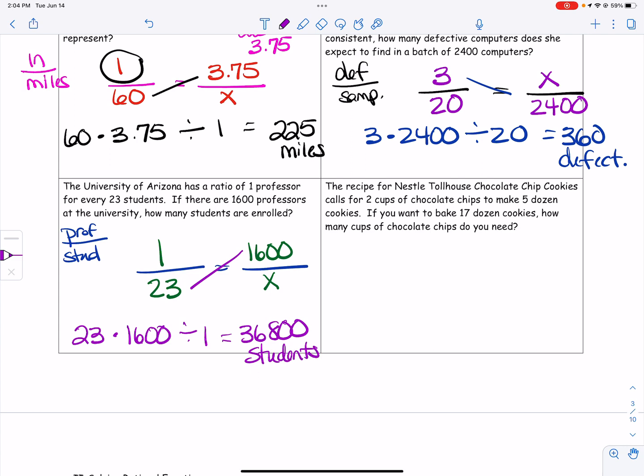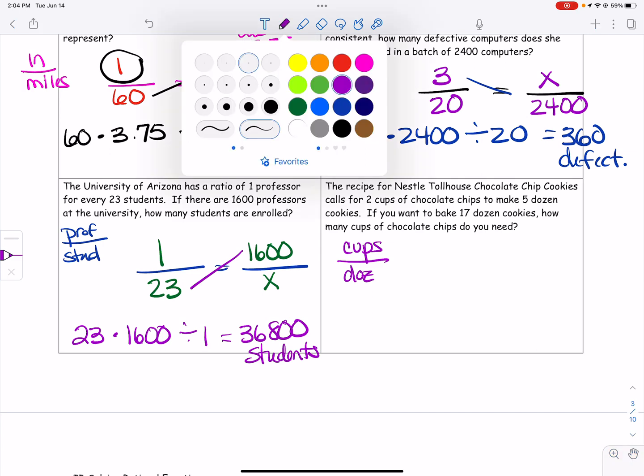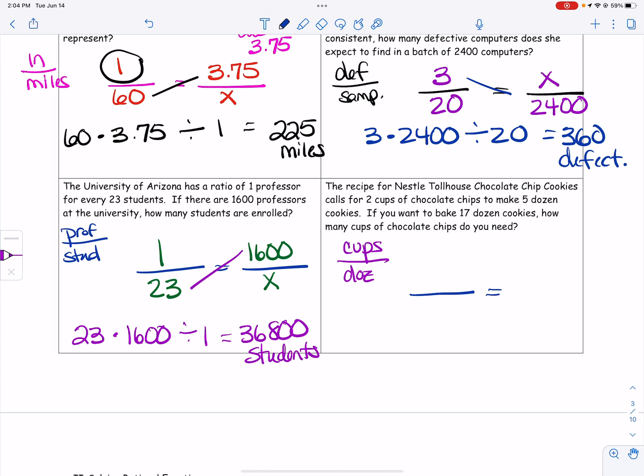Now the next one, we're comparing cups of chocolate chips to dozens of cookies. So cups to dozens. And I just always pick the first thing that I see, the first number that I see, that's the first word that I see. And that's how I fill in my ratios to get my proportion. So it says it takes 2 cups to make 5 dozen cookies.